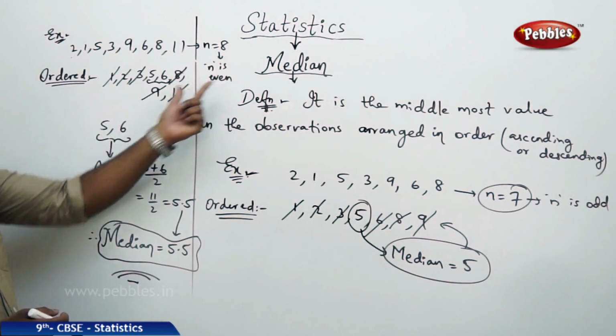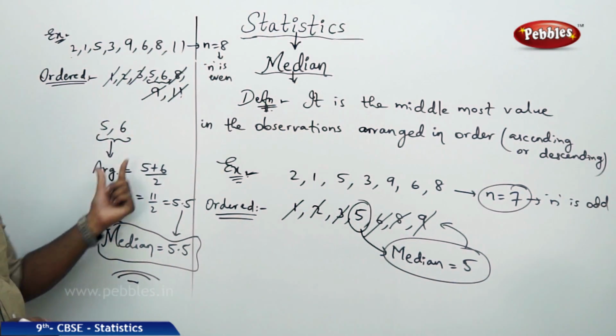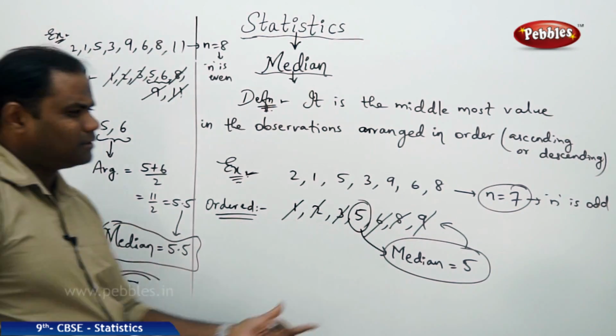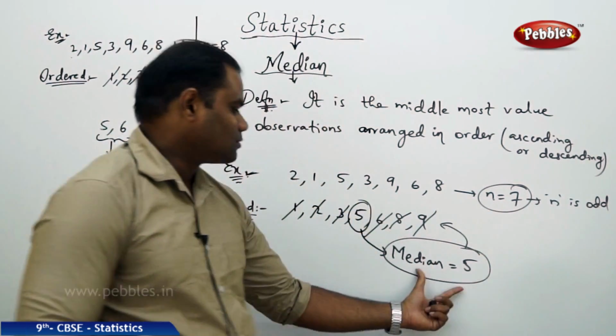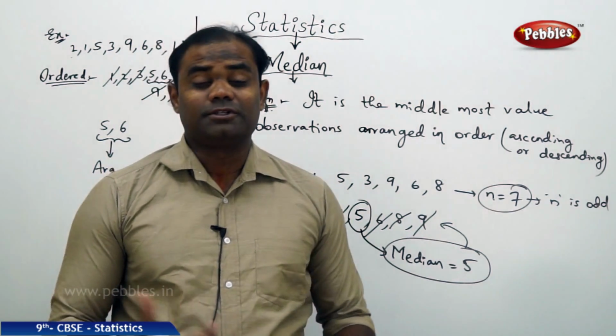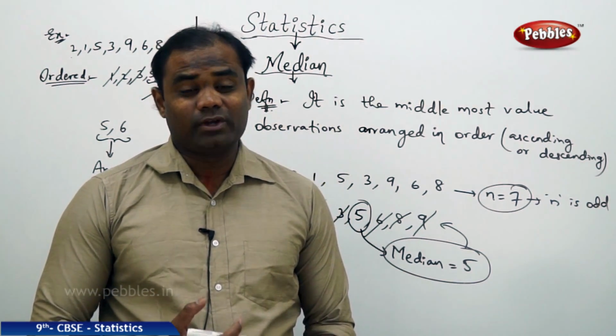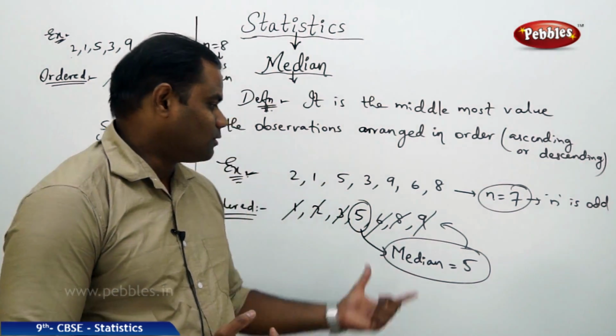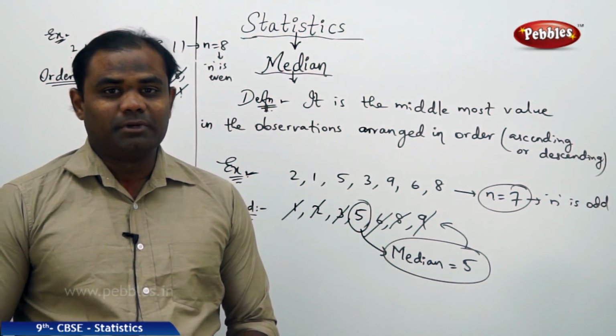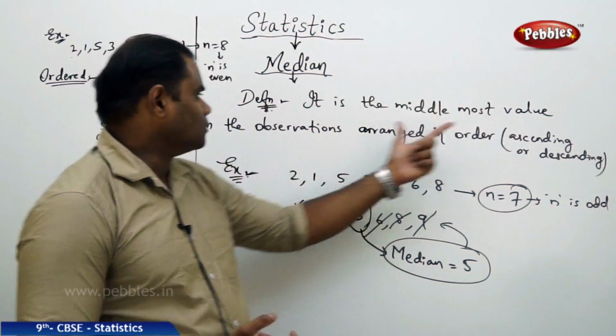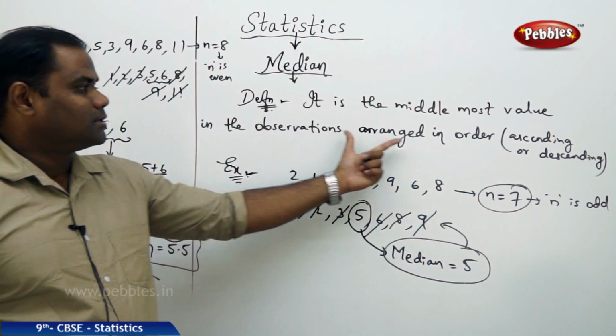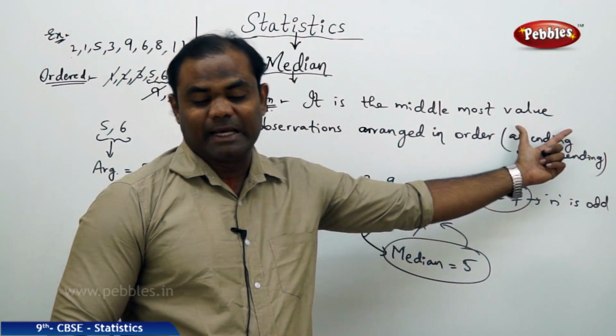So whenever n is even, we get a tie and we take the average. Whenever n is odd, we get only one single observation, which is the median. This is how we understand the concept of median being the middlemost value in the observations arranged in order, either ascending or descending order.